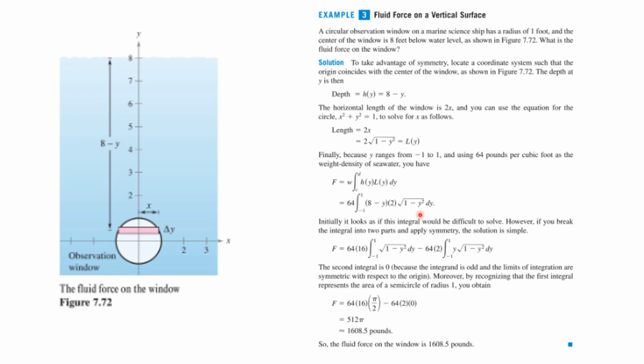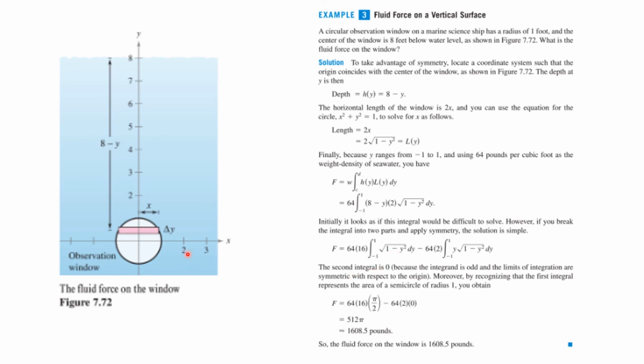Now, again, you've got to use either trig substitution, or you might realize that the square root of 1 minus y squared is going to be a quarter of a circle when you look at this. The area of the circle is pi r squared, so the area of the circle is going to be pi.